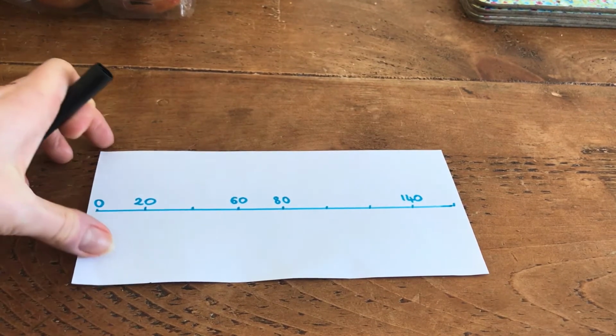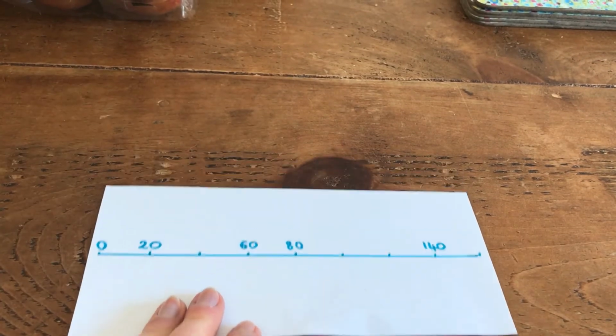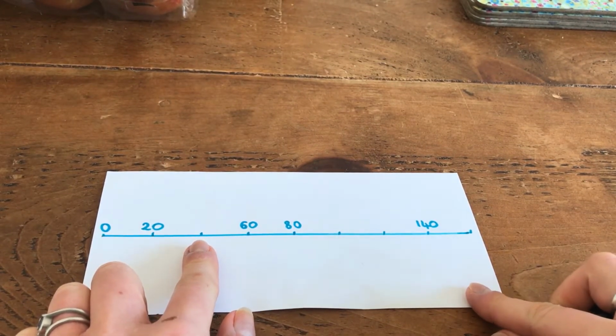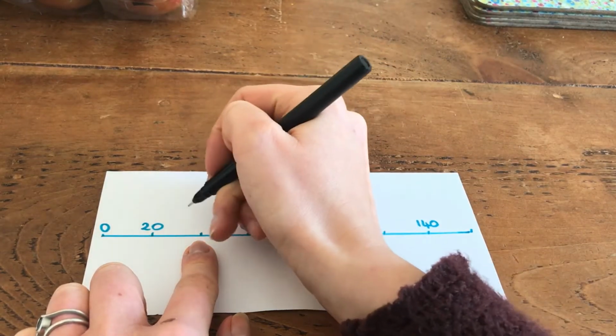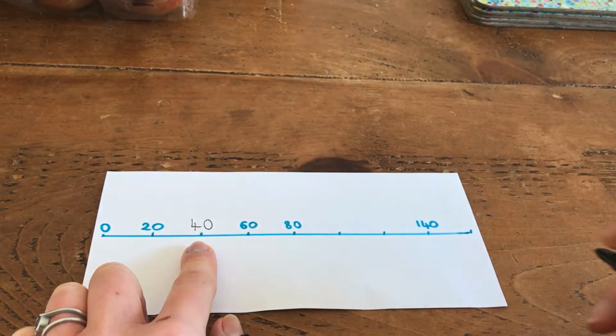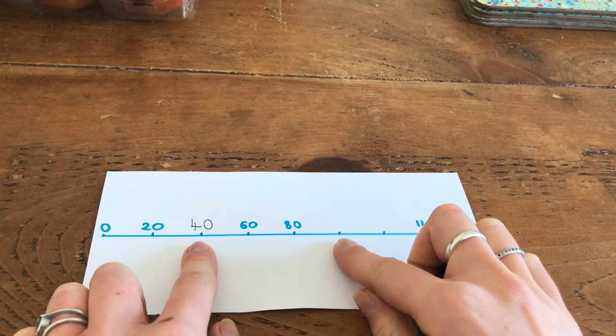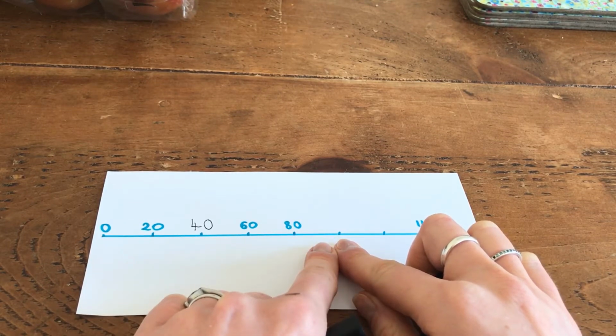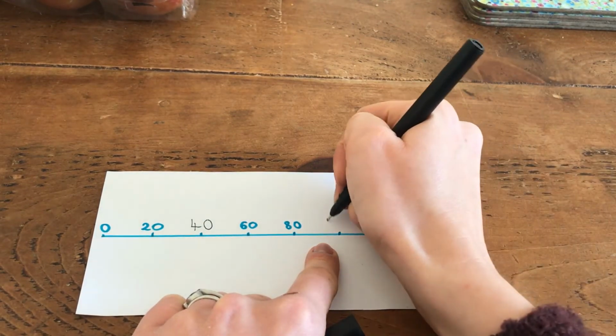So this first gap here, what do you think the number should be? 40, that's right. And what would this next one be here? So we've got 0, 20, 40, 60, 80, 100.